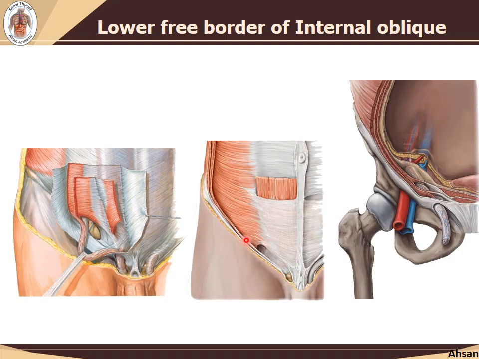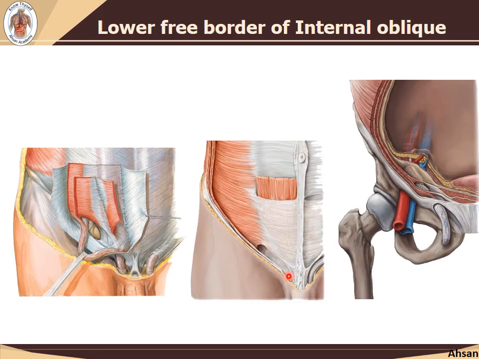So the internal oblique muscle fills the lateral two-thirds of the inguinal ligament, the groove, and makes an arch. So it is passing over the roof, and a canal is there over the medial one-third of the inguinal ligament. The roof is formed by the arched fibers of the internal oblique muscle.